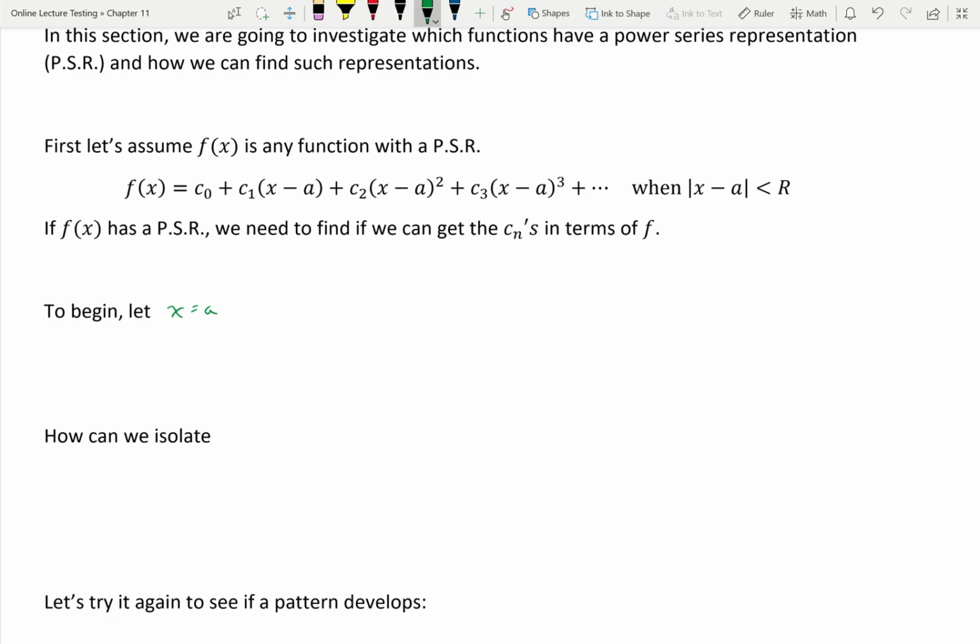It doesn't matter what the coefficient in front is. So in the end, we get f of a equal to c sub 0.